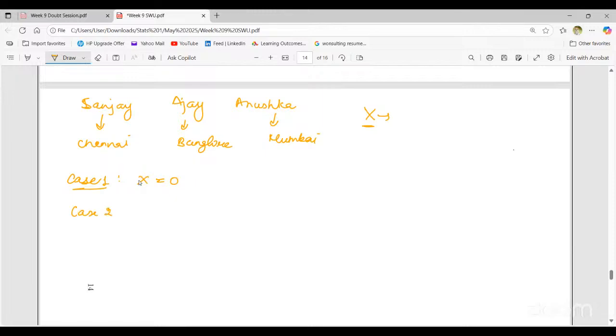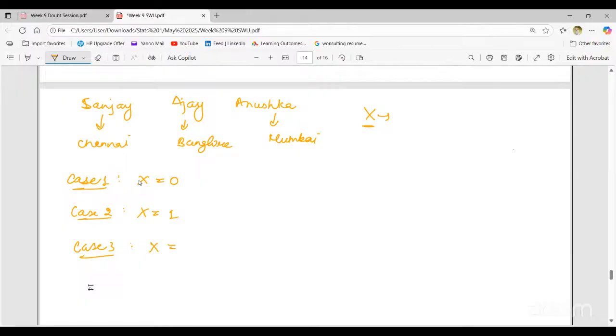Now case 2. What will be my case 2? That one of them is getting their favorite city and the other two are not getting their favorite cities. Correct? So my X is taking value 1. Now case 3. X is equal to what?